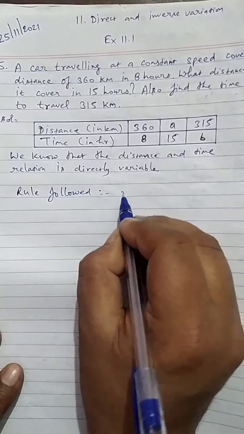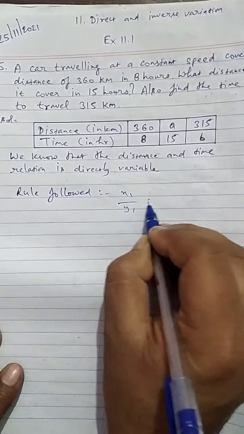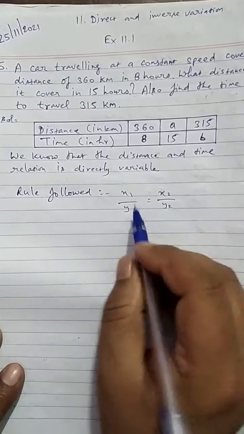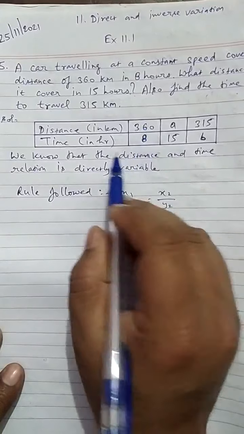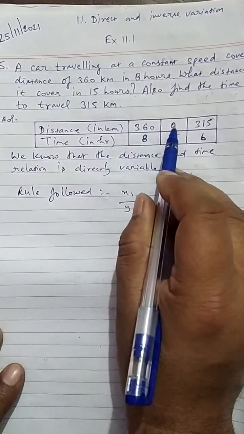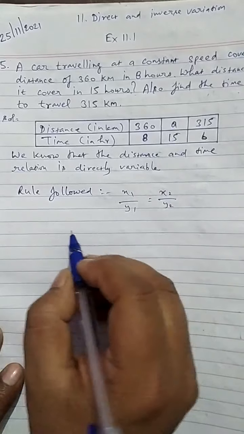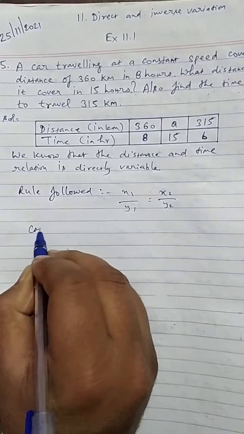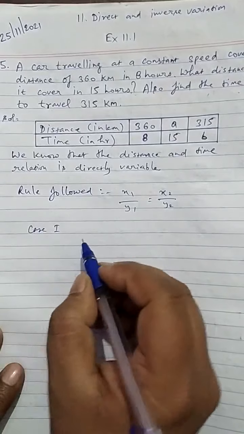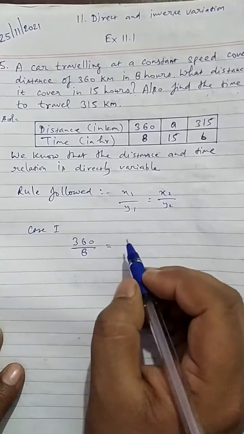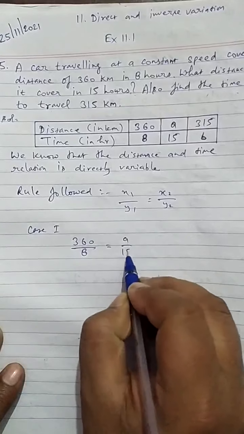in the direct case is x1 upon y1 equals x2 upon y2. This is the first value of x, this is the first value of y. This is the second value of x, this is the second value of y. So case first, 360 upon 8 equals a upon 15.